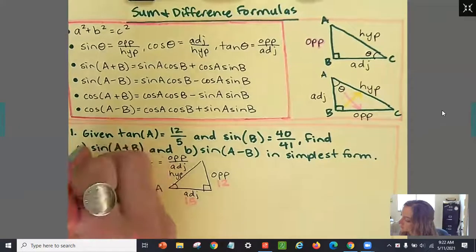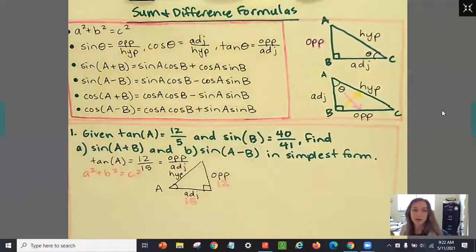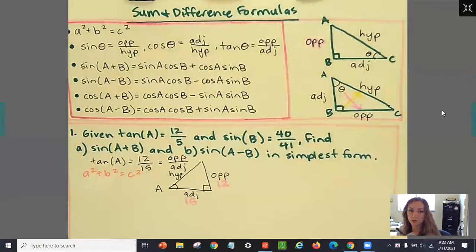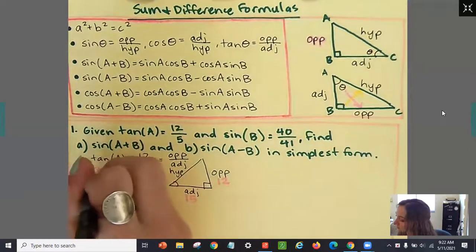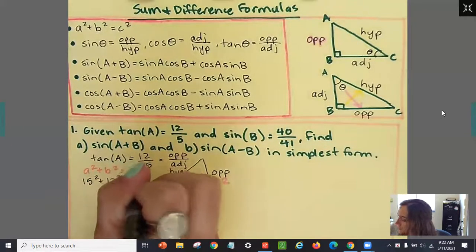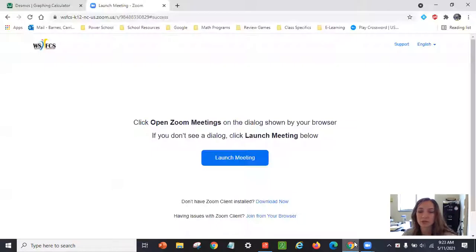So a squared plus b squared equals c squared. a and b are just the two sides, and c is the hypotenuse. So we're going to do 15 squared plus 12 squared equals c squared. We're just going to type that into the program and see what that is equal to.